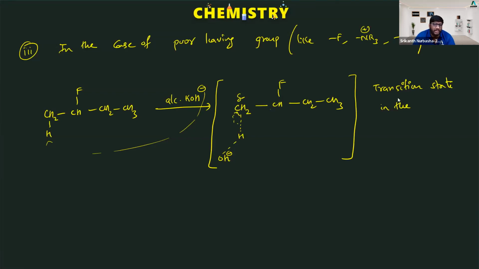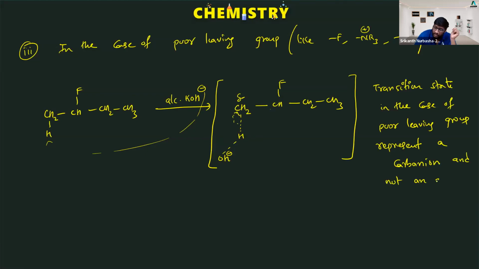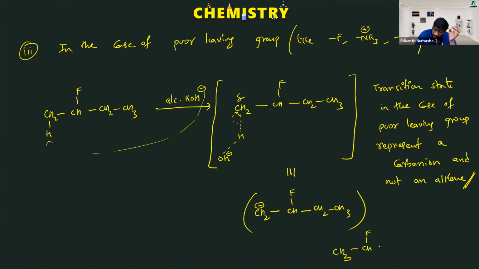Although it is a single step, there is always a transient state. The transient state in the case of a poor leaving group represents a carbanion, and not an alkene. So this is how your transient state looks: CH2 minus, CHF, CH2, CH3. Or you can also have another transient state: CH3, CHF, CH minus, CH3.